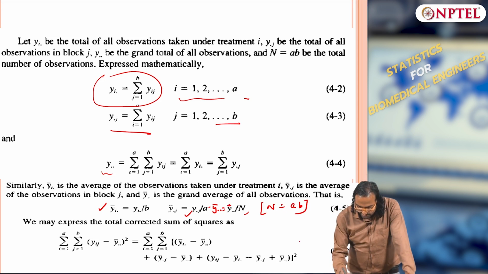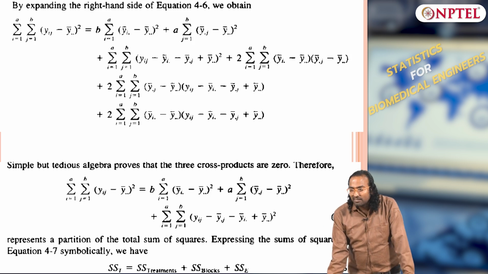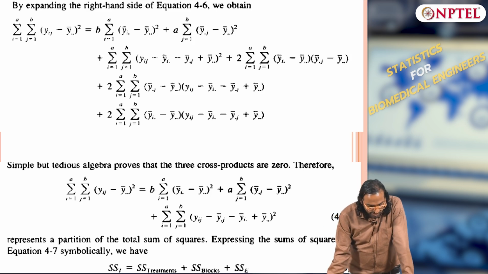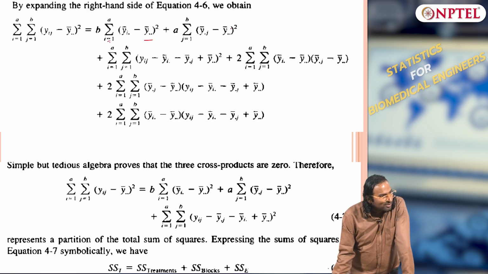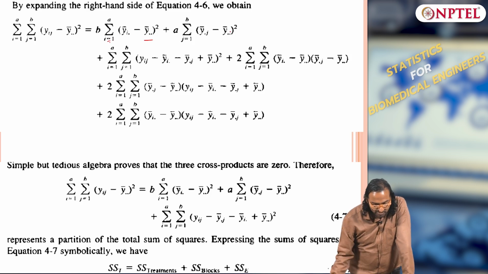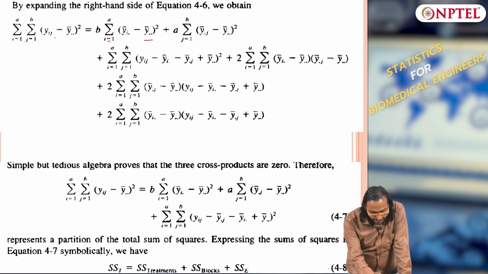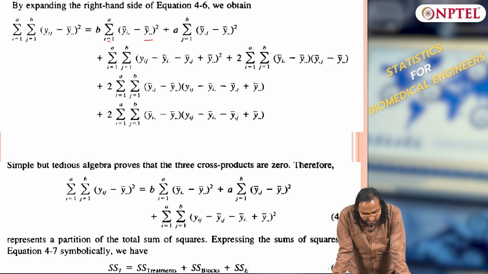This is the total sum of squares identity that we have seen. I have shown the derivation here, so you can see how to split it into two parts. First I split it into two parts and then expand it, so you will get the idea. This is y ij minus y bar dot dot. What did I add and subtract?